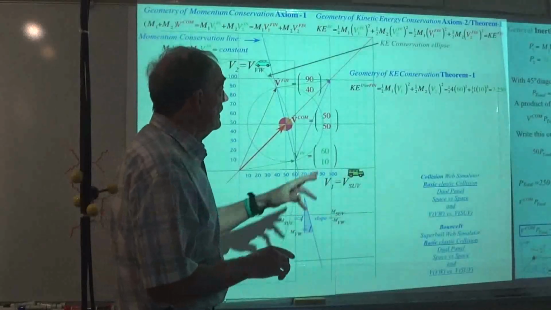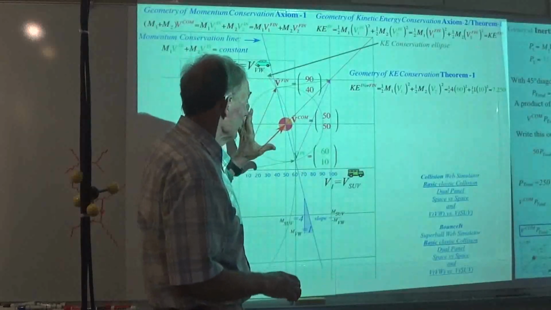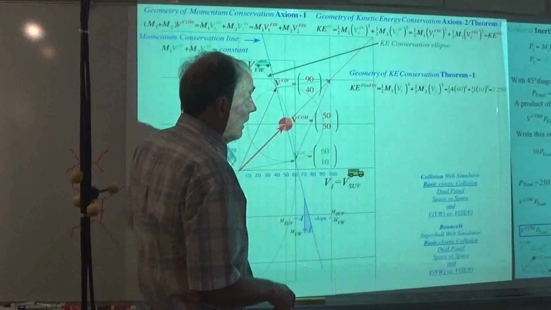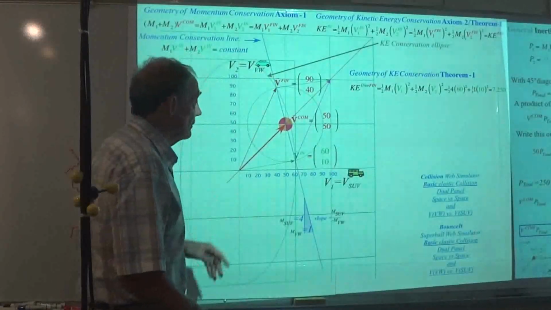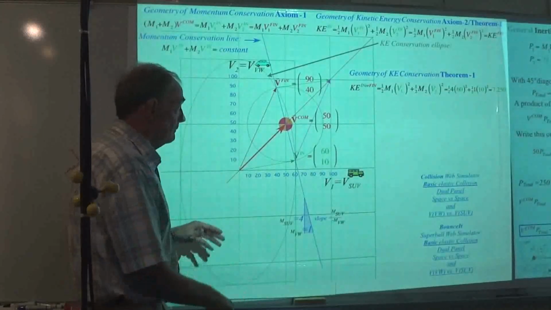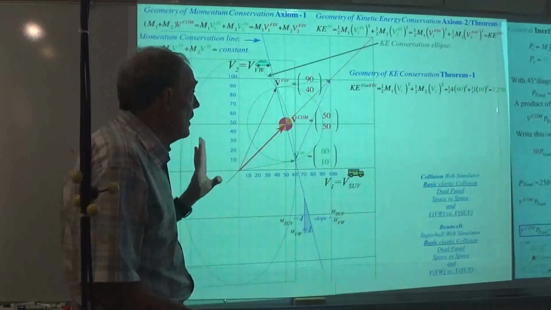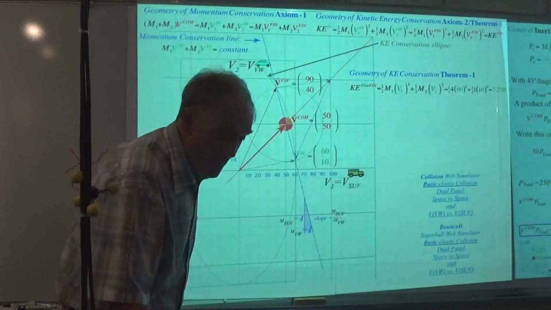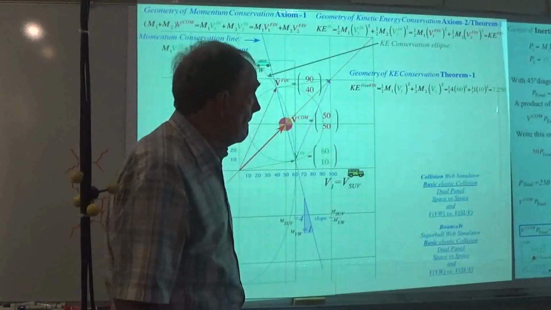This KE in or fin, initial or final, they both land on the KE conservation ellipse. And this is what I'm going to be asking you to actually draw and to understand a little bit of the geometry of this. This is really quite non-trivial geometry that I didn't see in any high school geometry books, but it should have been.